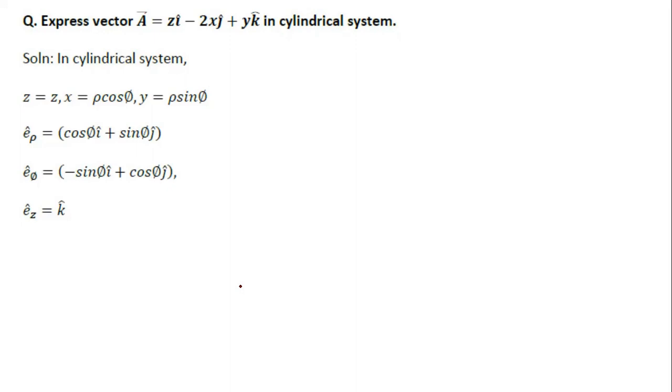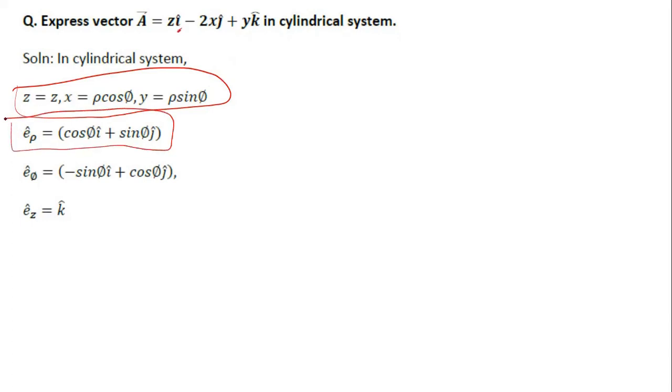So first you have to see what the transformation relations are. x is rho cos phi, y is rho sine phi, z is z. Then in place of your i cap, you have the unit vectors e rho, e phi, and e z. You have e rho in terms of i and j, e phi in terms of i and j.